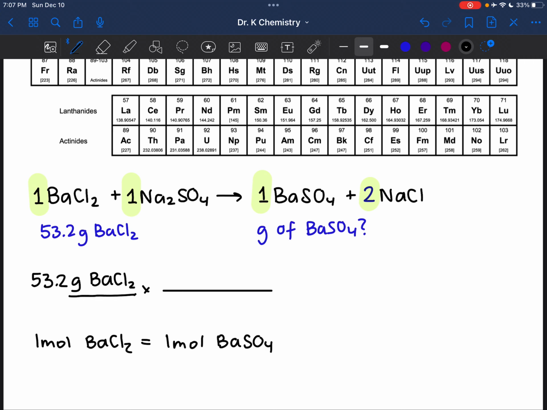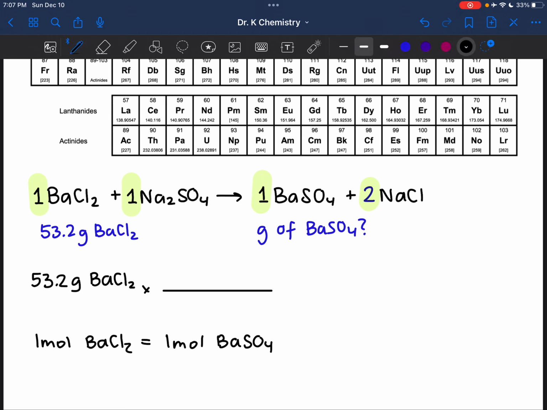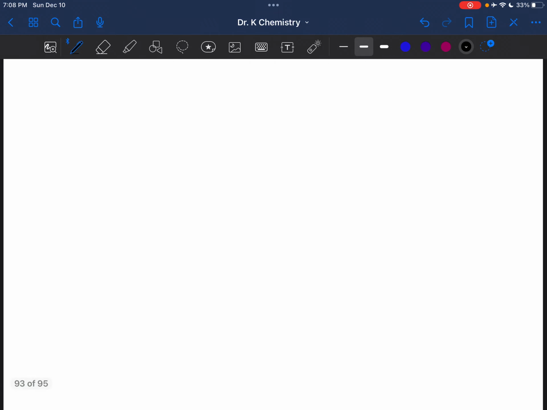The problem is that we're given grams of barium chloride, and in order to use this conversion, we have to somehow get that into moles. In order to do that, we need the molar mass of barium chloride. So we're going to have to calculate that before we can proceed. So we'll get the molar mass of barium chloride and the molar mass of barium sulfate.